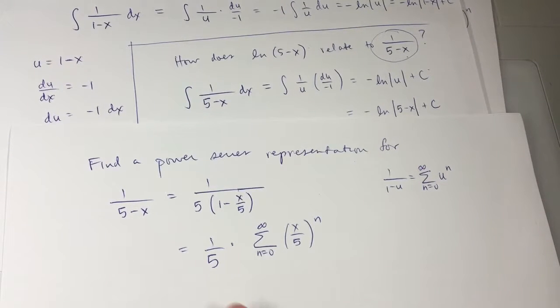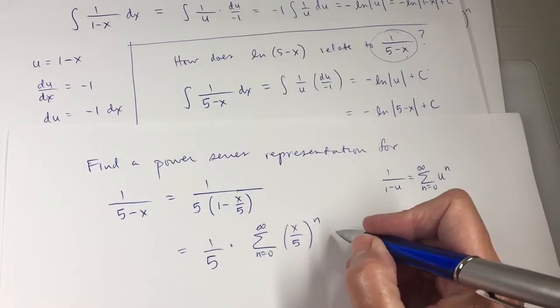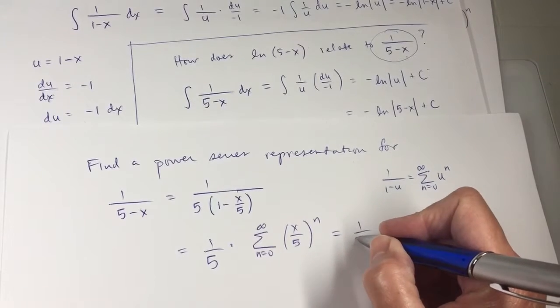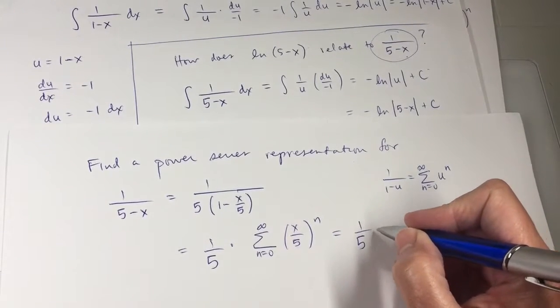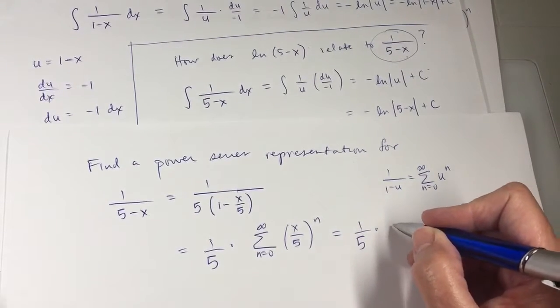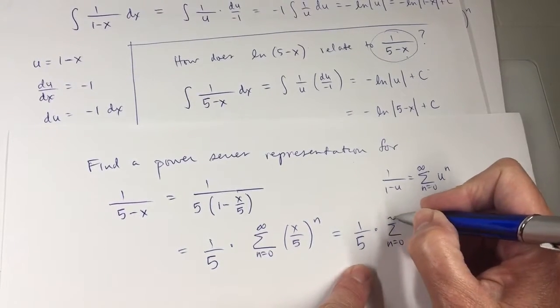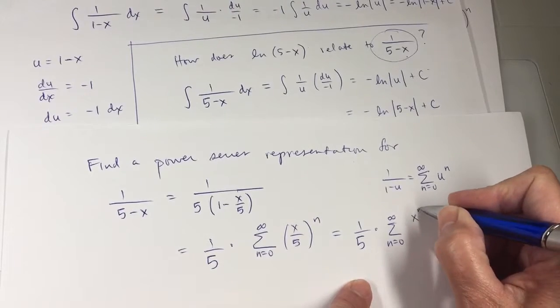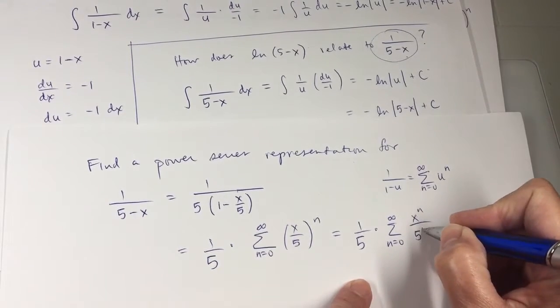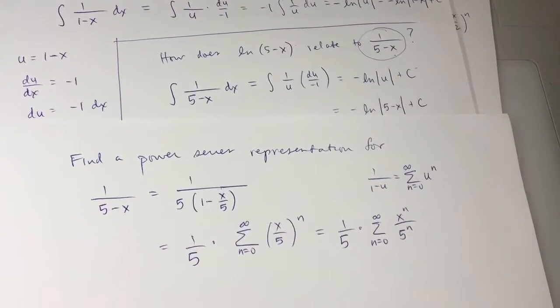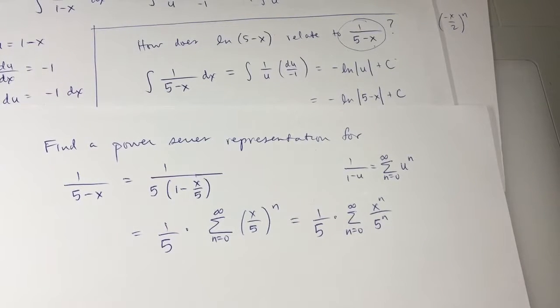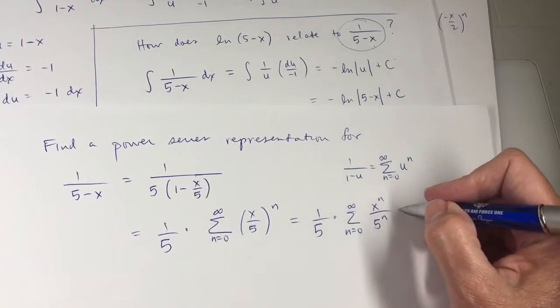You could leave the 1/5 factored out. You could put it back on the other side of the summation if you like. I'm going to leave it out, but I'll show you how to put it back in. 1/5 times the sum as n goes from 0 to infinity, x to the n over 5 to the n. I just put the n with both the numerator and denominator.